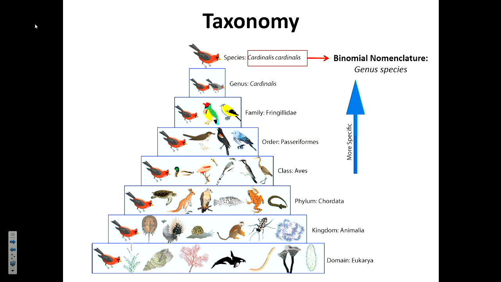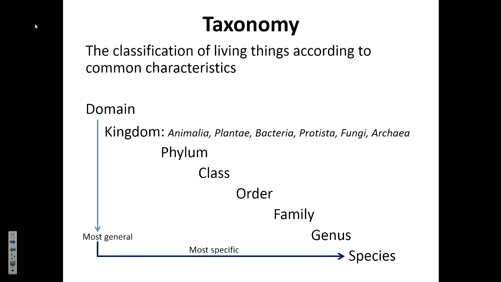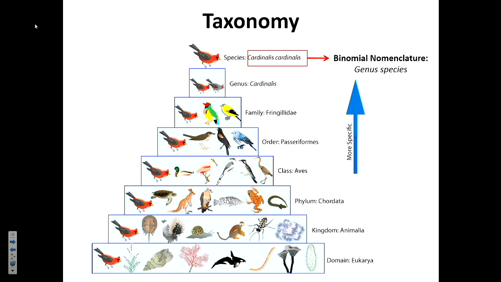The picture shows what's going on there. If you look at the bottom of this pyramid, we have the domain. Then the next step up is the kingdom, all the way up in that order: domain, kingdom, phylum, class, order, family, genus, until you get to the species, which is all the way at the top of that taxonomy. So we're going from a really general domain all the way to a very specific species.